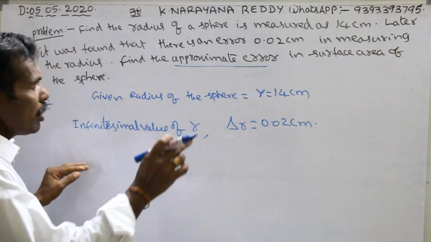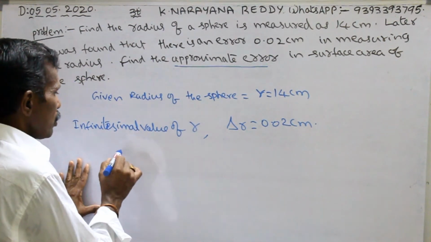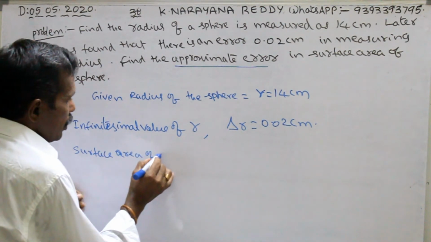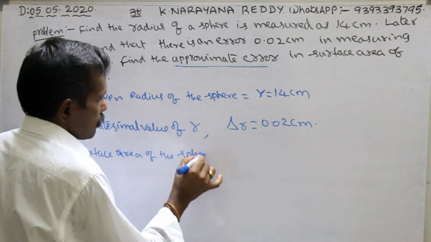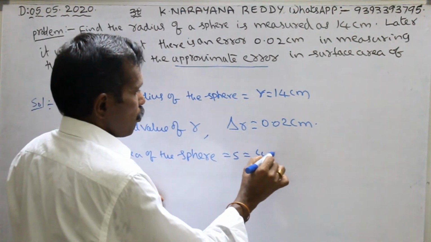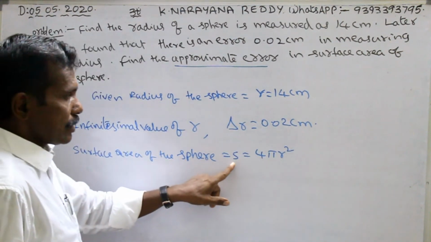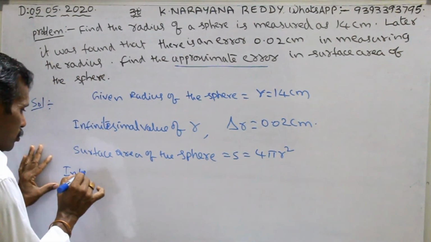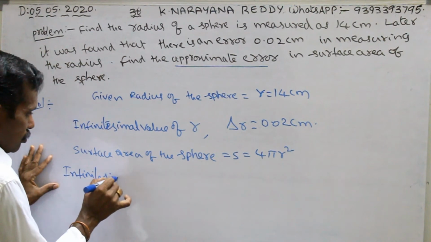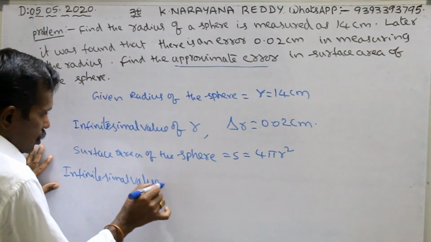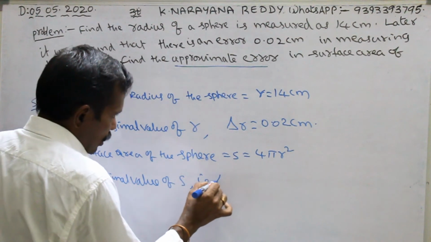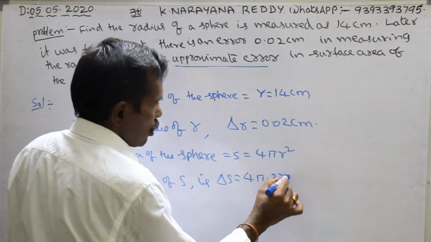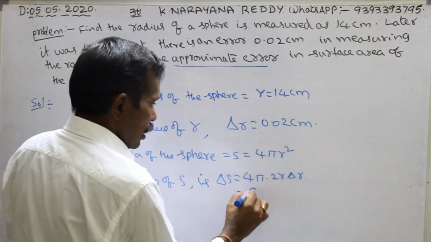Okay, what is the surface area of the sphere? S equals 4 pi R square. Now, the infinitesimal value of S is del S equals 4 pi into 2 R del R, that is 8 pi.